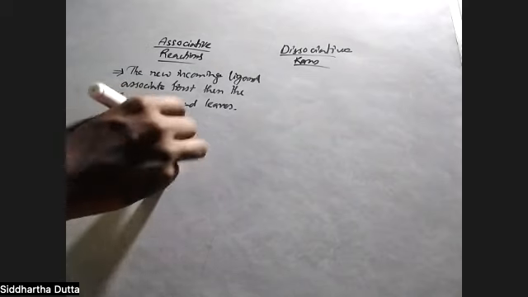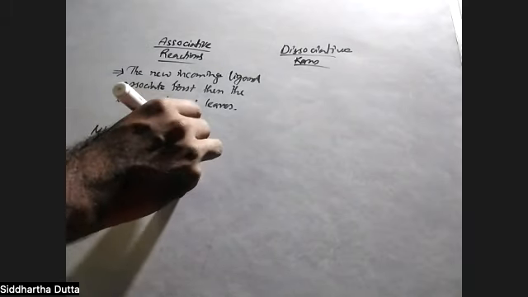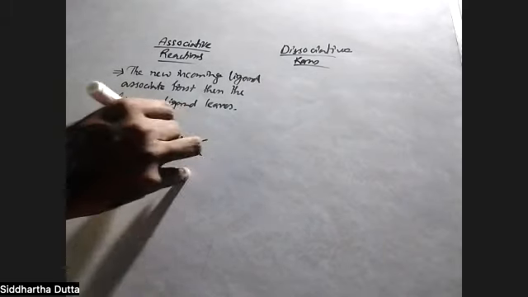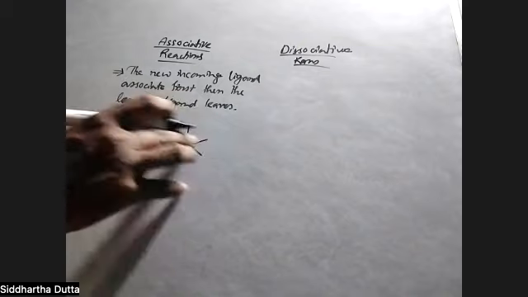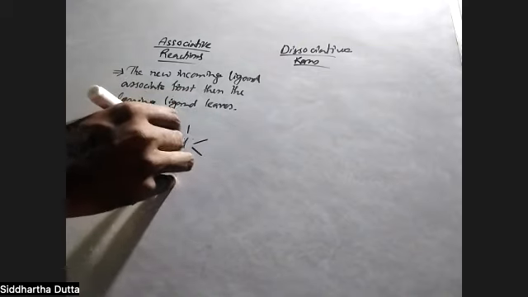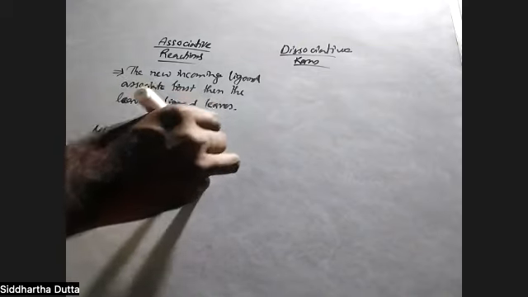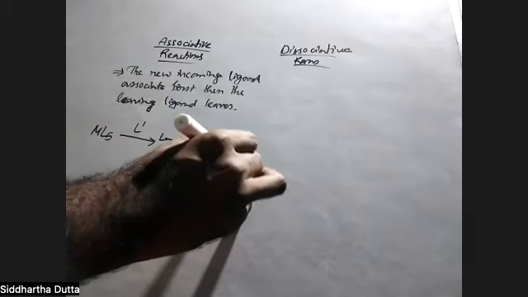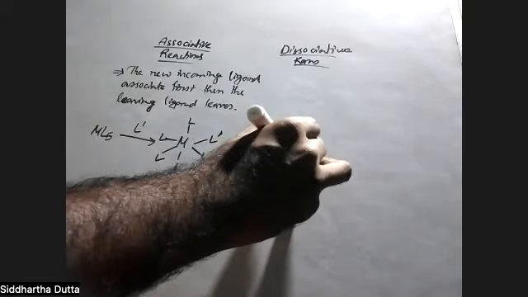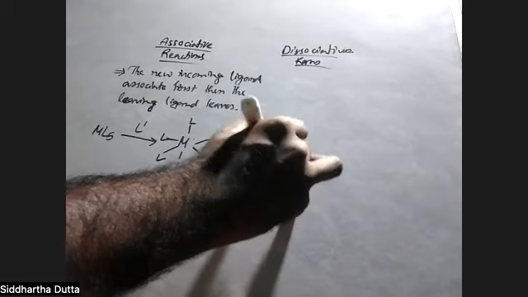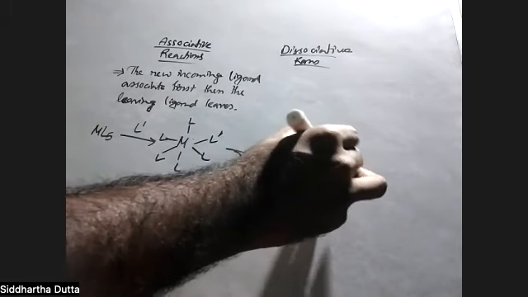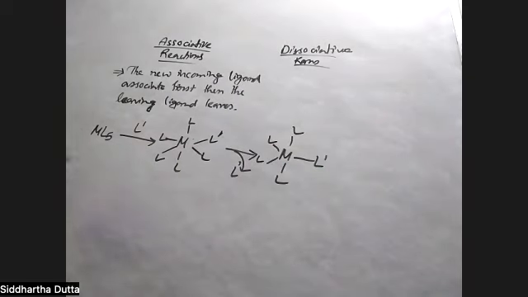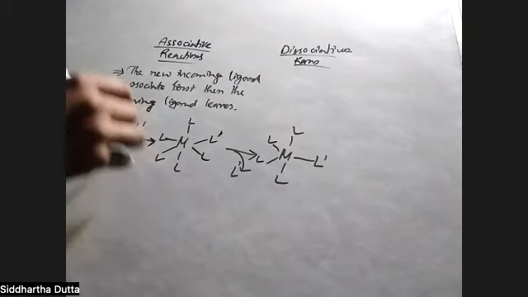So there will be L dash. After that there will be dissociation of L. So M L dash, there will be this type of association. First the new ligand attaches to the metal, then the ligand leaves.